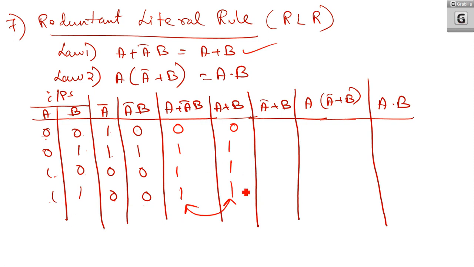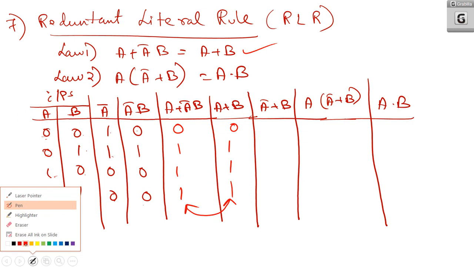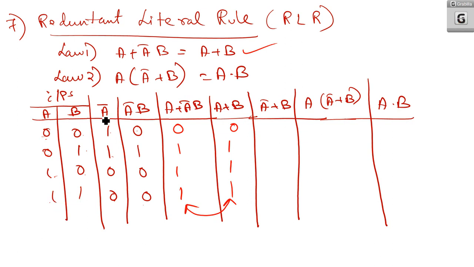Next one is A bar or B. What is A bar or B? 1 or 0 is 1, 1 or 1 is 1, 0 or 0 is 0, 0 or 1 is 1.